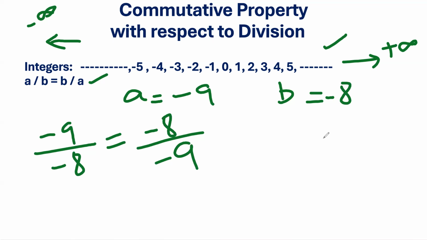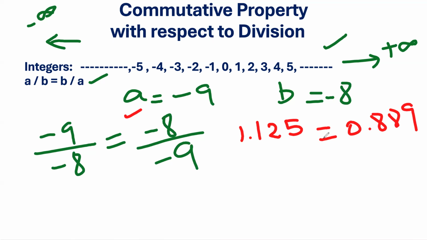So first 9 divided by 8. It's 1.125. This is the left-hand side. Now we are checking 8 divided by 9. 8 divided by 9 will give you 0.889. So you have to check both the sides. 8 divided by 9 is 0.889 and 9 divided by 8 is 1.125.